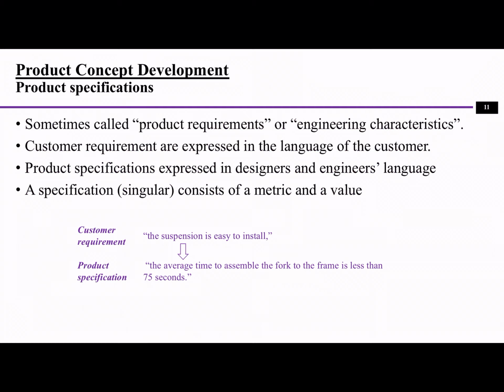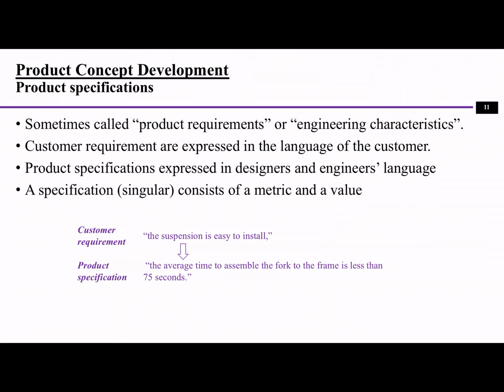A customer requirement means what the customer wants from this product. Well, the product specification defines the attribute of the product, right? It's a metric and a value.